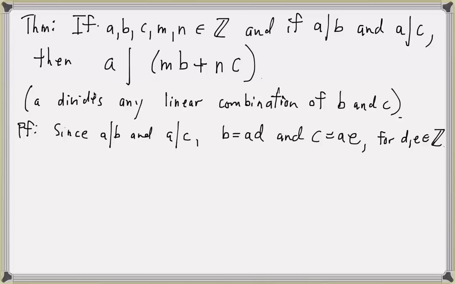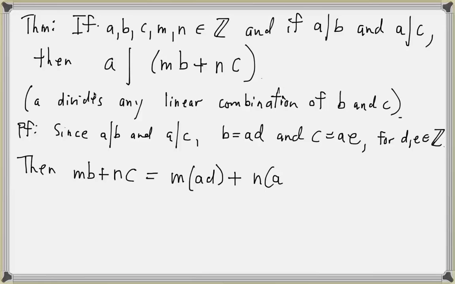Okay, that's the definition of divides. Now look at the integer linear combination mb plus nc. I'm going to replace b and c with the expressions in the last sentence. So mb plus nc equals m times ad plus n times ae.